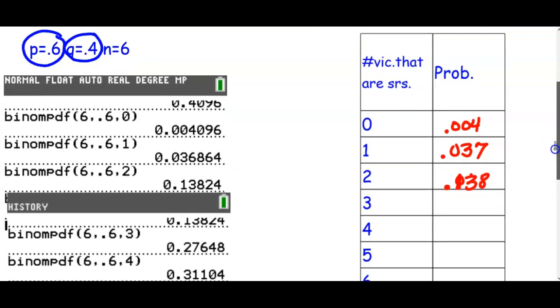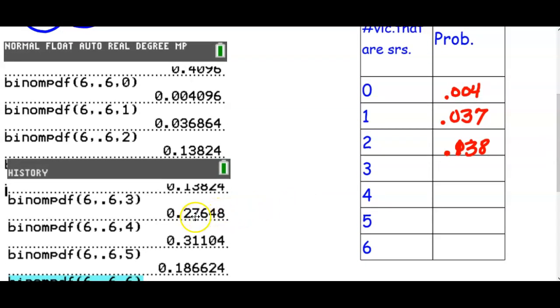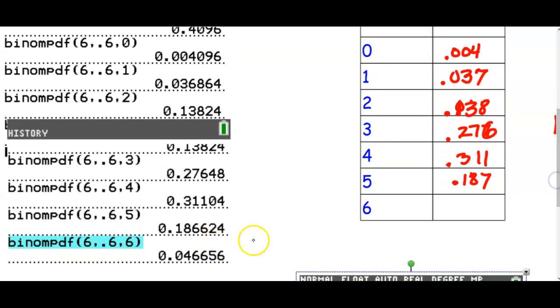There's about 28% here, 0.276 chance that we asked, and 3 of the 6 said they were senior citizens. 4 of the 6, 5 of the 6, and the chance that all 6 were actually senior citizens gets kind of small again.